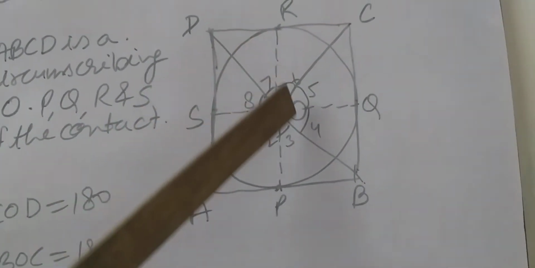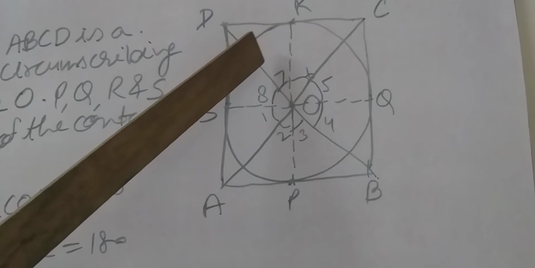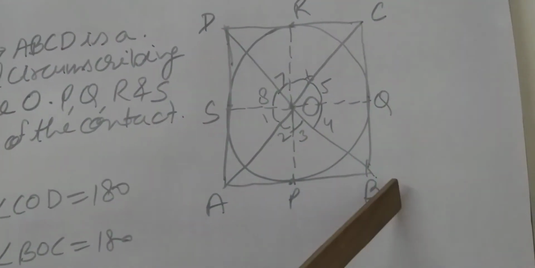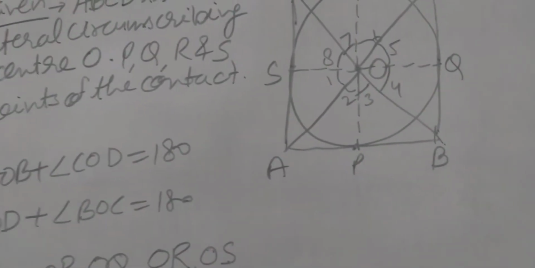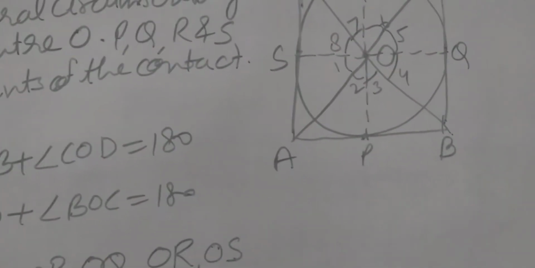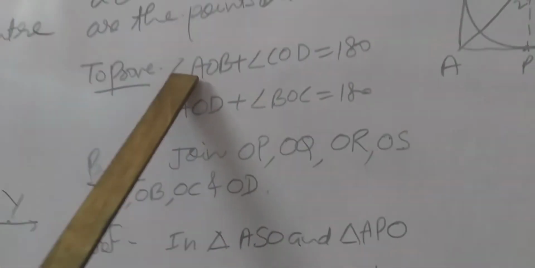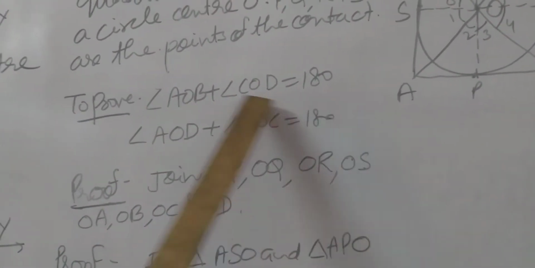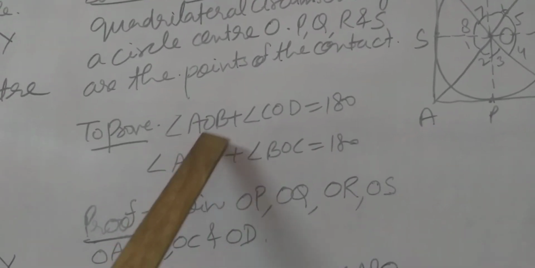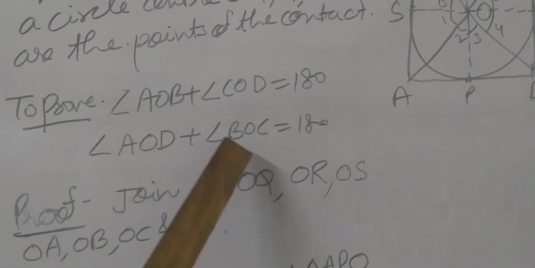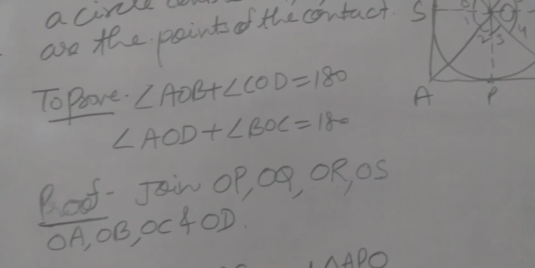So the sum of these two angles should be 180. Similarly, we have to prove angle AOD plus angle BOC is also 180 degrees.